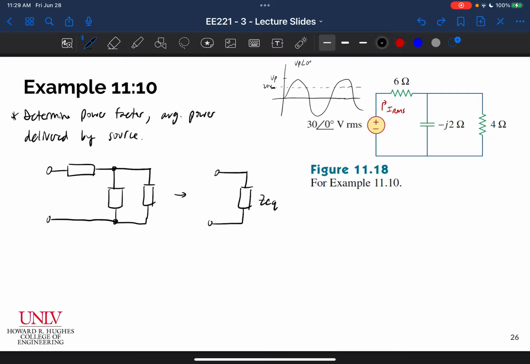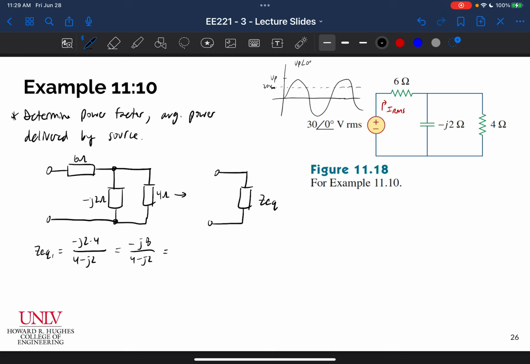First, we notice that the capacitor and the 4 ohm resistor are in parallel. So ZEQ1, which is just these two, is equal to the product, minus J2 times 4, over the sum, 4 minus J2. That's minus J8 over 4 minus J2.